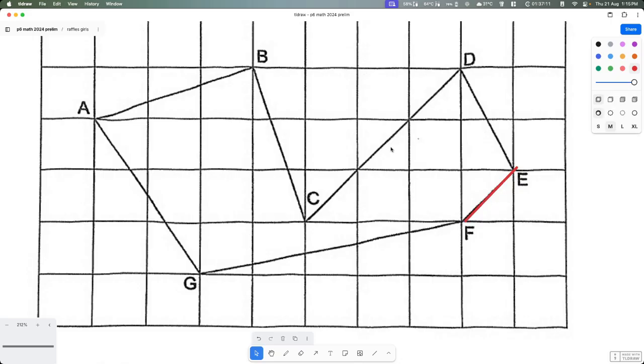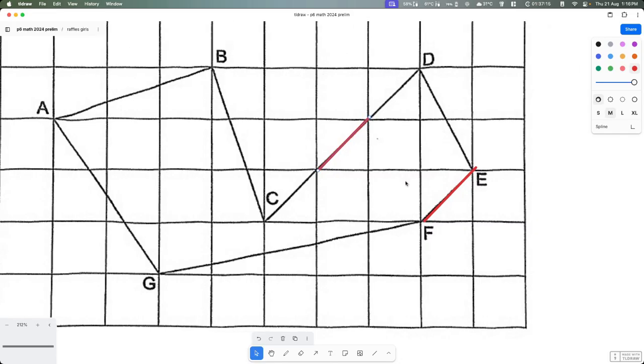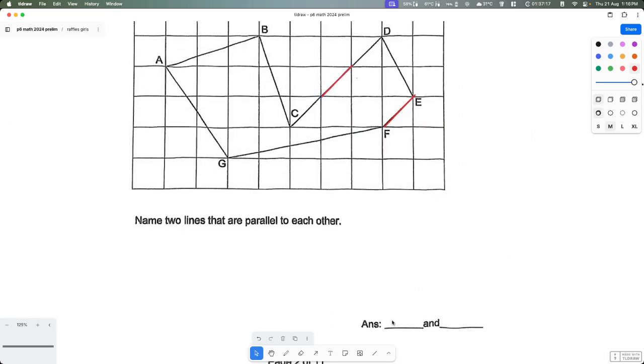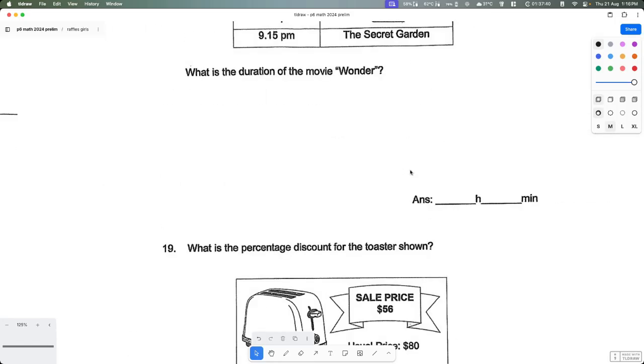Okay, so CD and FE, or EF, either way, that's fine. I would say CD is half of a square. EF is also half a square. That's why they're parallel. Let's move on to the next question.